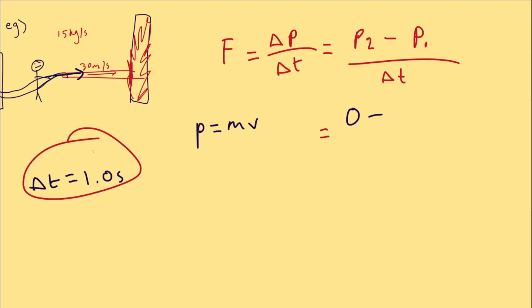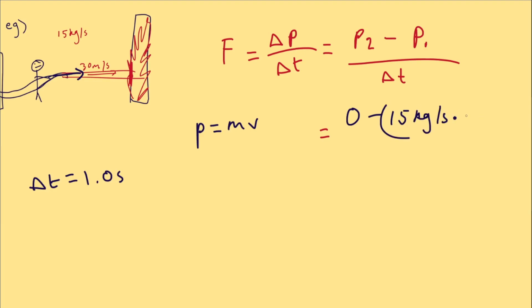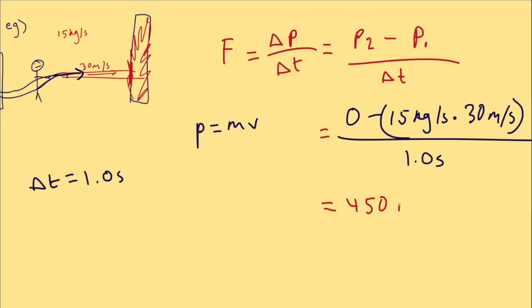So let's use this as our time interval, 1 second, and this as our mass. 15 kilos per second multiplied by the velocity, 30 meters per second, divided by our time interval, which is 1 second. And this is equal to 450 newtons when we neglect gravity, when we assume that the effects of gravity are negligible.